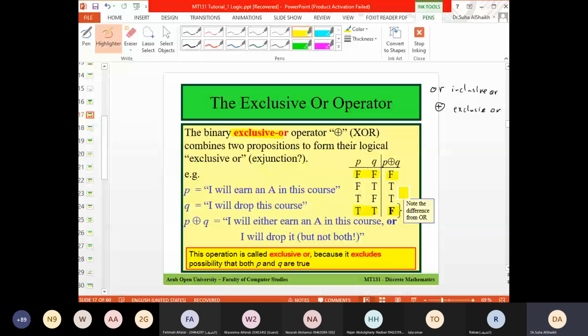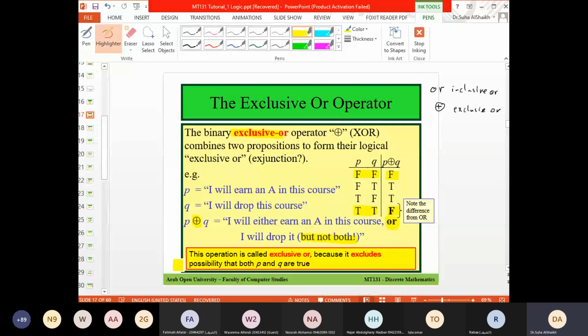Now, an example of how to use this exclusive or. If I have this statement, I will earn an A in this course, and I will drop this course. How do we write it using the exclusive or in English? It is: I will earn an A in this course, or I will drop it, but not both.